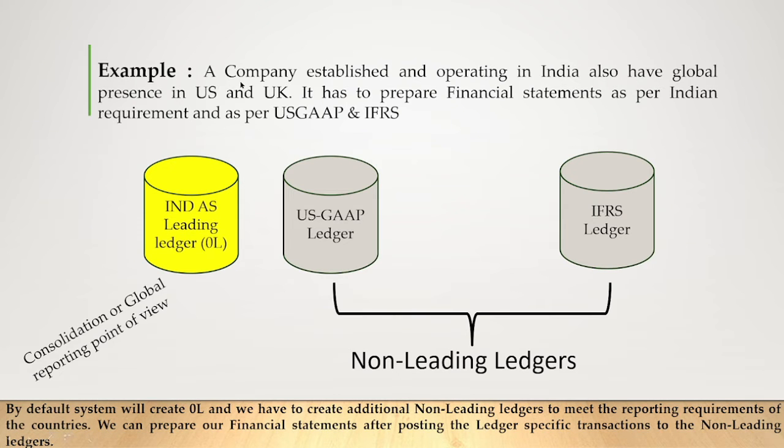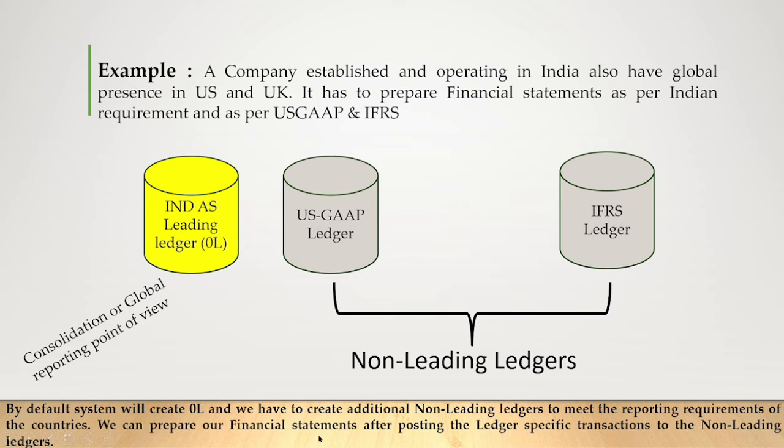Example: a company established and operating in India also has a global presence in the US and UK. It has to prepare financial statements as per Indian requirements and as per US GAAP and IFRS. By default, the system will create 0L and we have to create additional non-leading ledgers to meet the reporting requirements of the countries.